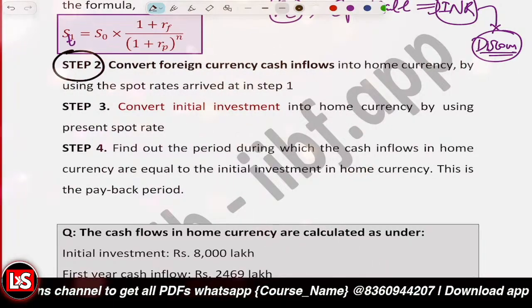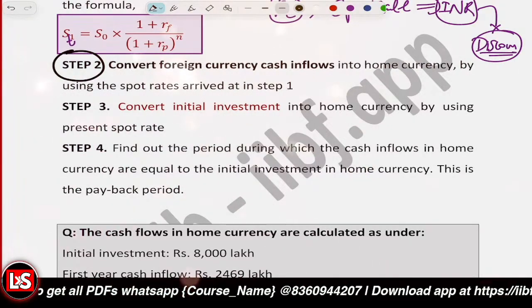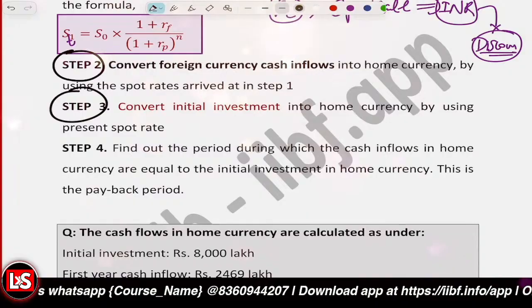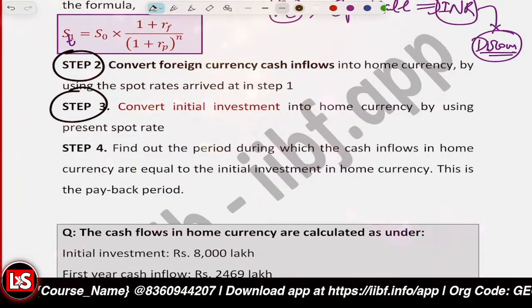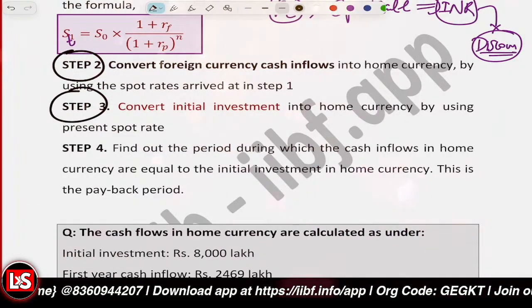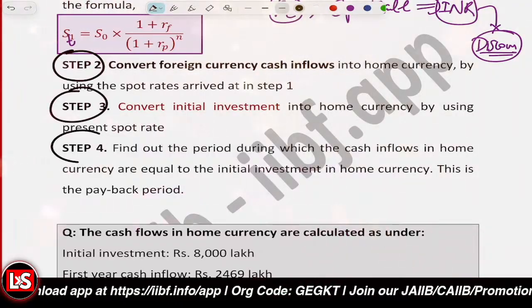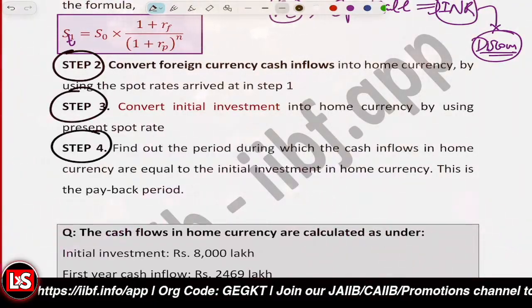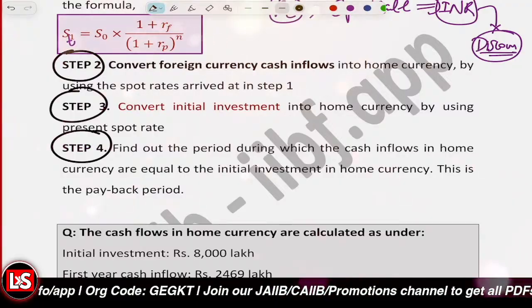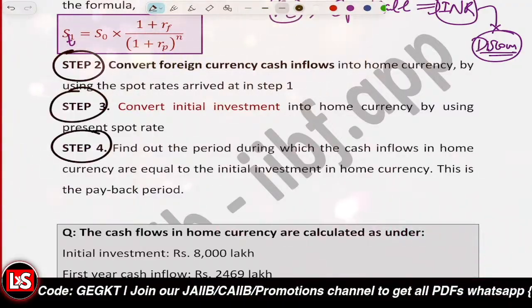And then we have to convert the current investments into the home currency by multiplying it with the present spot rate. And the fourth would be related to, we have to look at the time period during which the cash inflows will be covering the initial investment.